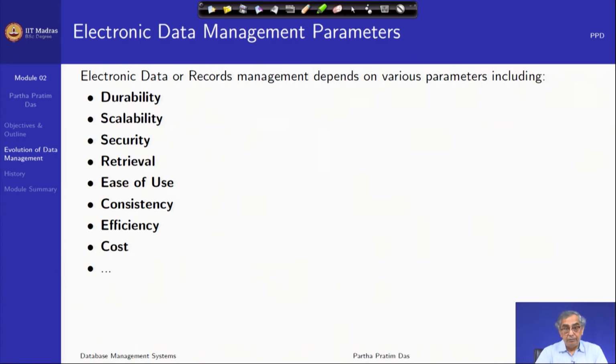Papers wear out, termites will eat them up, or even the basic acid in the paper will cause decay of the paper on which you kept the records. But electronic records must be more durable. Are they? That is a big question, and that will have to be ensured. How do you ensure that they remain durable? It must be scalable. It should work for say 10, 20, 100 people as well as 10,000, 100,000, millions, billions of people or transactions and so on.